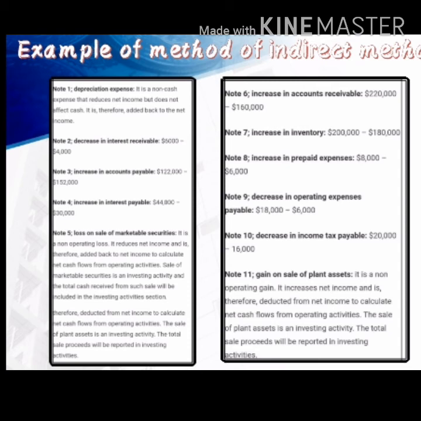Then here, other accrued expenses payable or operating expenses payable should be calculated by the beginning balance, which is $18,000, minus the ending balance of the other accrued expenses payable, which is $6,000, and we got the total of the decrease in operating expenses payable, which is $12,000.